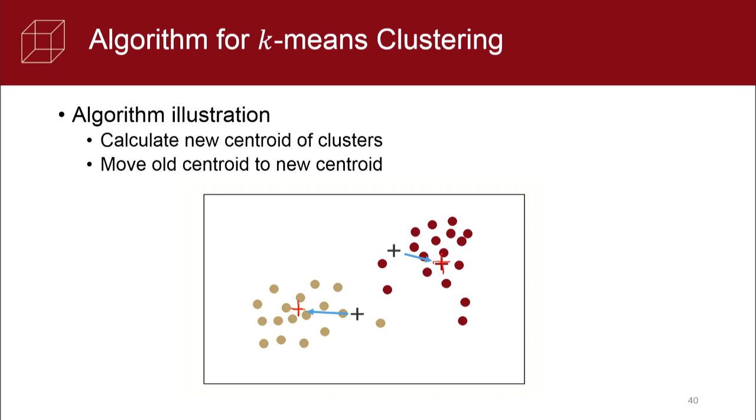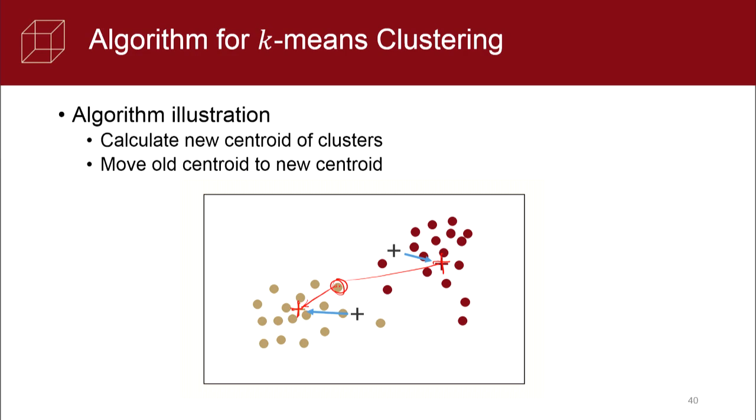Again, we do the same thing. For each data point, you calculate the distance between the data point and each centroid, and then assign the data point to the closest centroid. In this case, this data point is assigned to this yellow centroid, right?